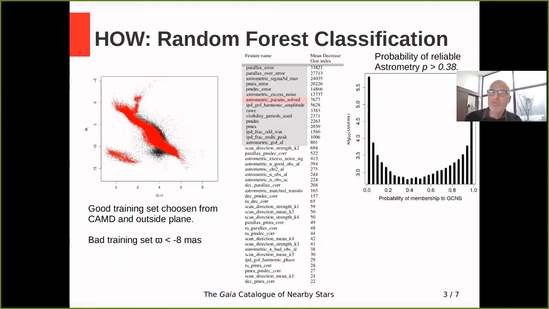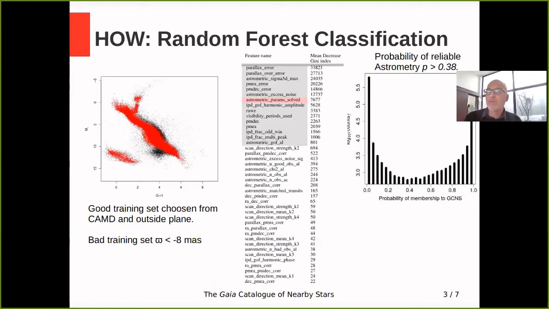So what we do is we train a random forest classifier with examples of sources that we know for sure are good astrometric solutions by complementing Gaia photometry with 2MASS photometry, and sources which we know are bad astrometric solutions, just because in this case we take sources with parallaxes less than -8 milliarcseconds in the hope that they will have the same properties as the contaminants to our sample.